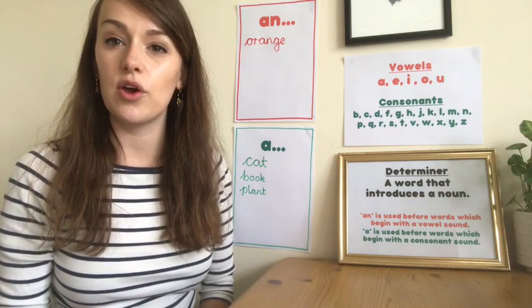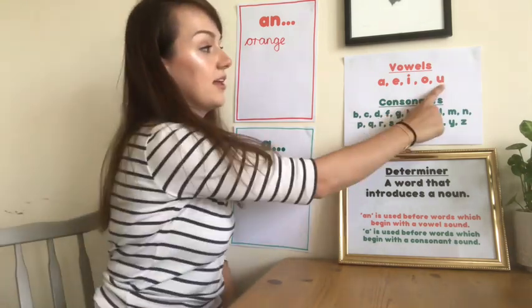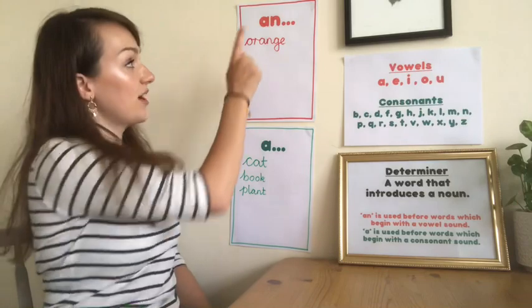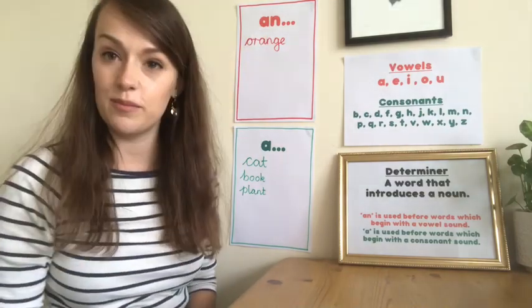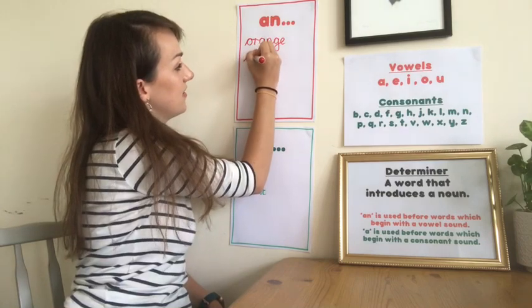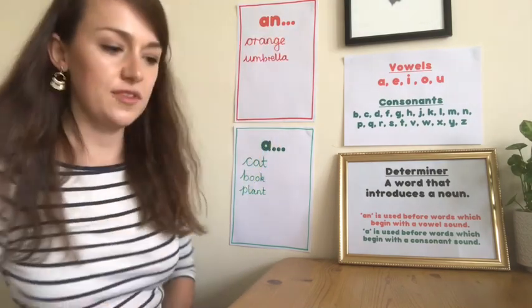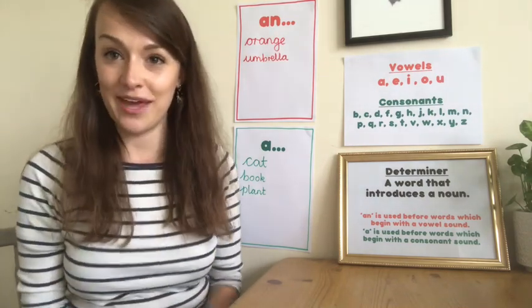Umbrella. So it begins with the sound u. So u is a vowel. So for vowel sounds, we precede them with the determiner an. An umbrella. Okay, now we're getting the hang of it.